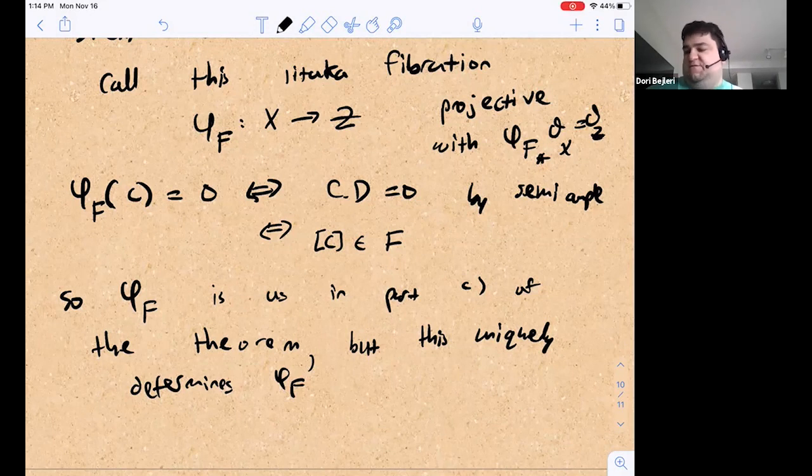And so if phi is not the identity, if F is a non-zero face, then it has to contract some curves. Whatever those curves are, they're on F. So that tells us that F is actually spanned by the classes of actual curves. And then we need to show that line bundles are pulled back. Or the line bundles that are zero are pulled back.